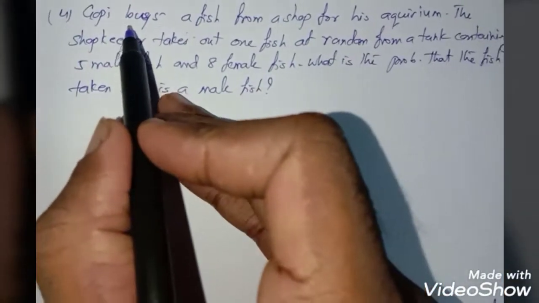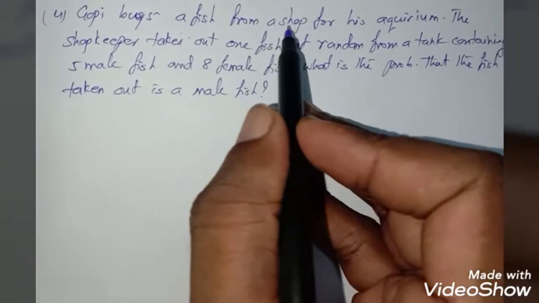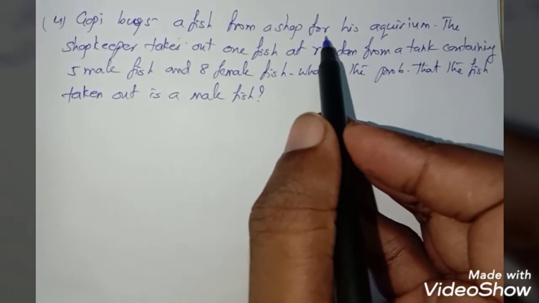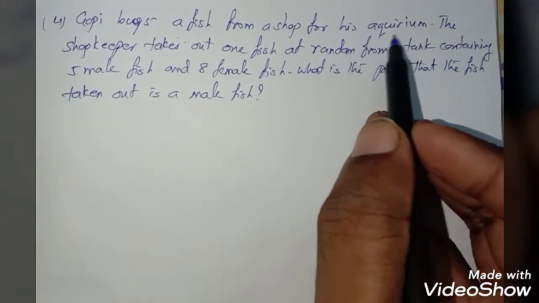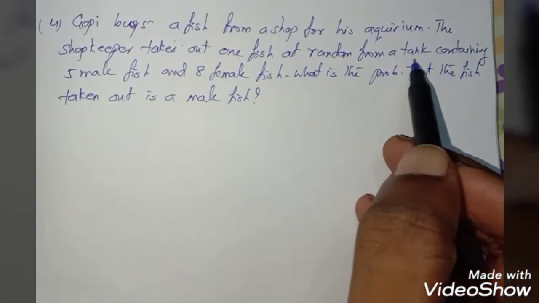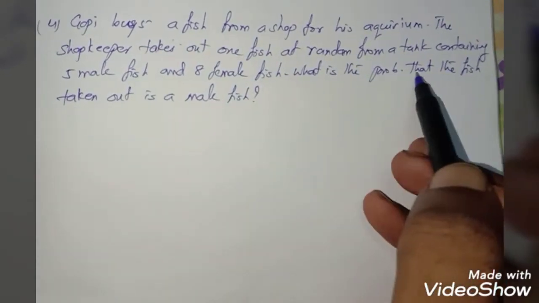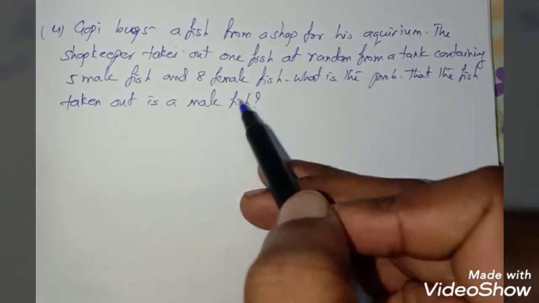Okay, next question is, Gopi buys 5 fish from a shop for his aquarium. The shopkeeper takes out 1 fish at random from a tank containing 5 male fish and 8 female fish. What is the probability that the fish taken out is a male fish, right?